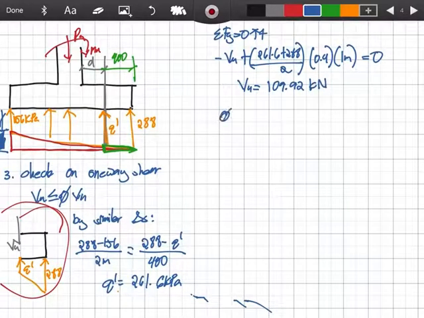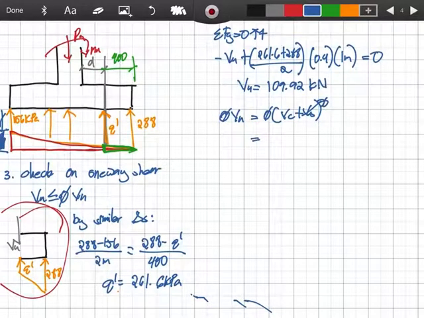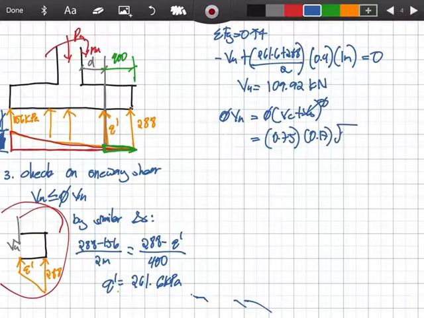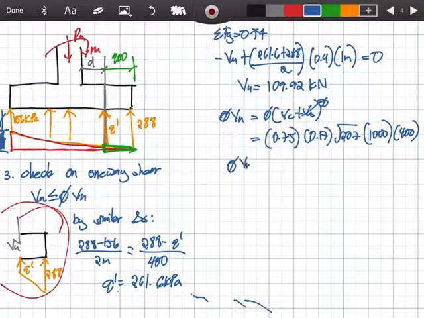So compare it to phi Vn, where phi Vn is equal to phi Vc plus Vs, but Vs is 0. So magiging phi 0.75 Vc natin, 0.17 square root of f prime c bw times d. So phi Vn is equal to 232.035 kilo Newton.